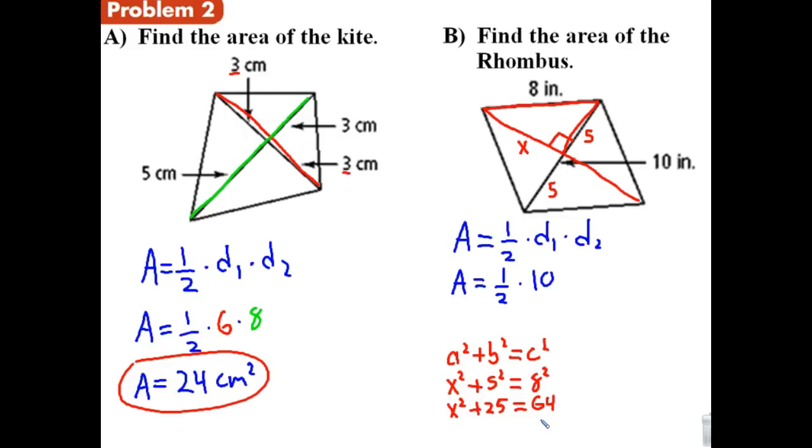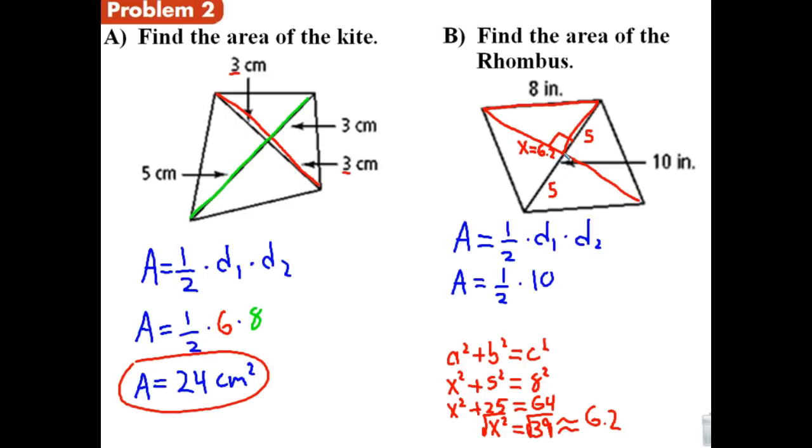If I subtract 25 from both sides, I end up with x squared equals 39. When I take the square root of that, I get x is about 6.2 units. So that's going to be the hard part of the problem, solving for this x, this 6.2.